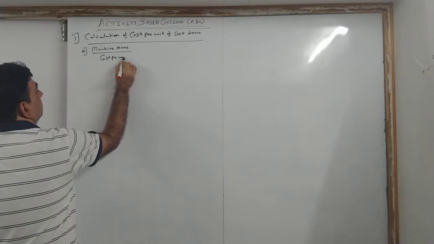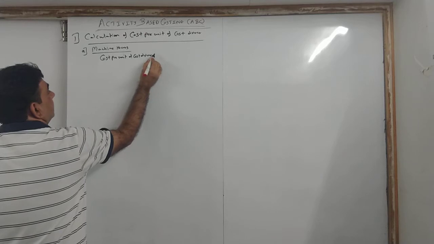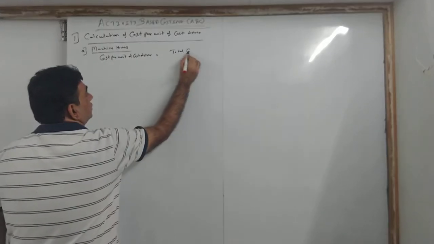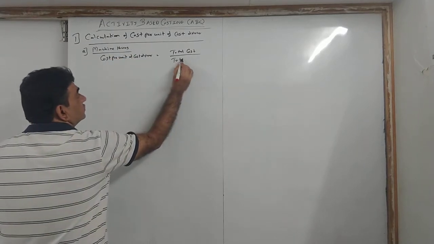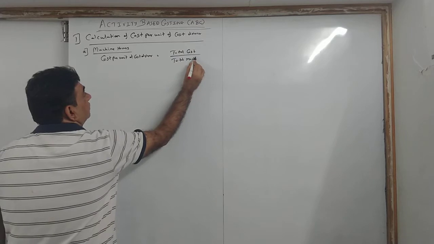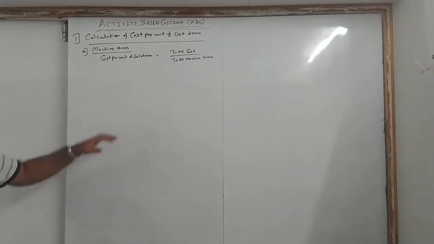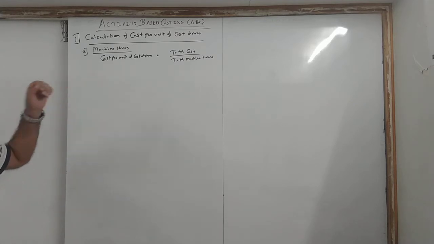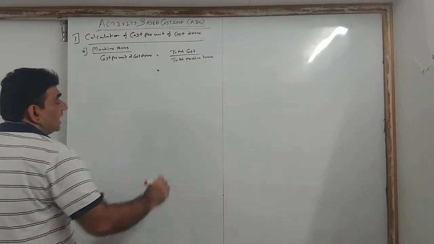Cost per unit of cost driver, here it will be total cost divided by total machine hours. Getting it now? Every sub point will have a different base. So cost per unit of cost driver is equal to total cost upon total machine hours.